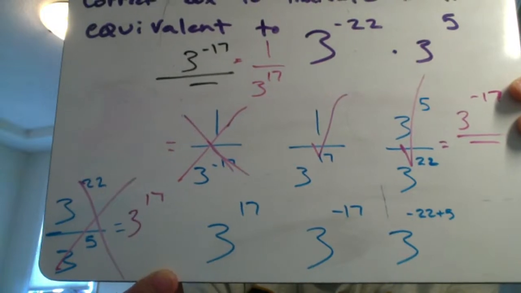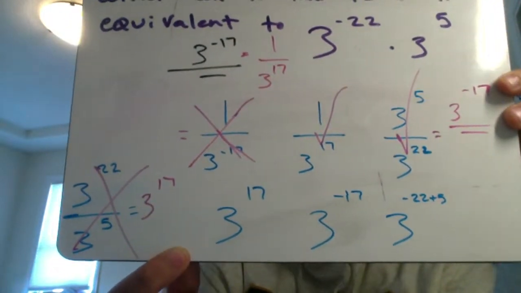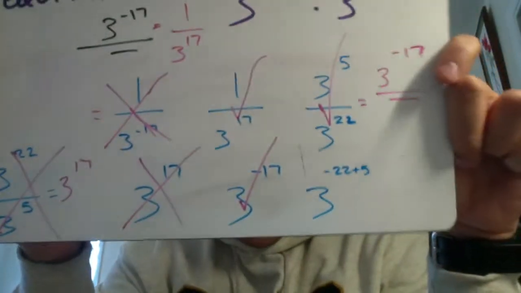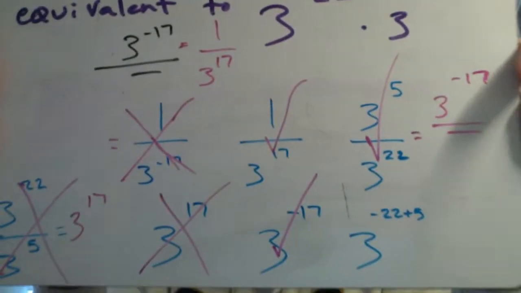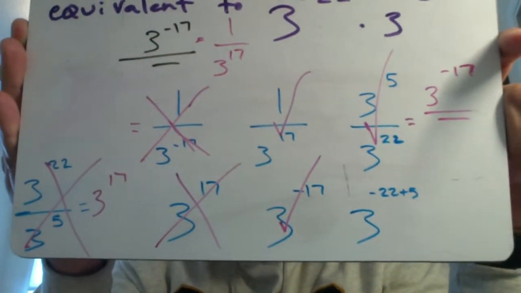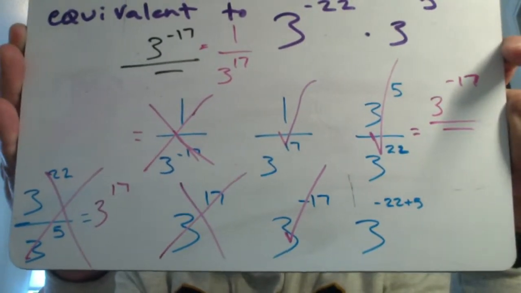Yeah, exactly. So that makes the next one incorrect also, right? They have 3 to the 17th. That's not the same. 3 to the 17th is, though. And if you look at the last one, 3 to the negative 22 plus 5, that one's also correct.